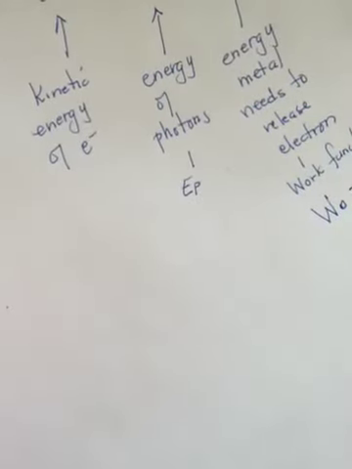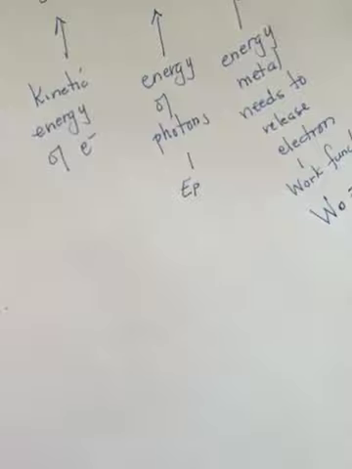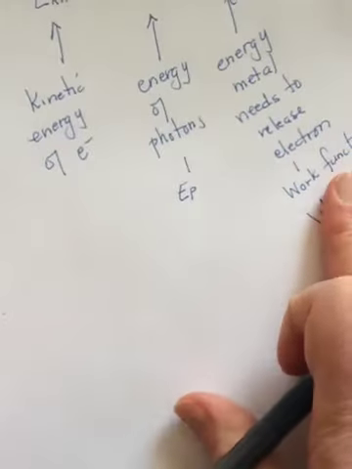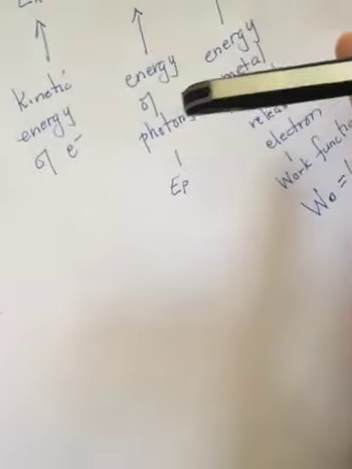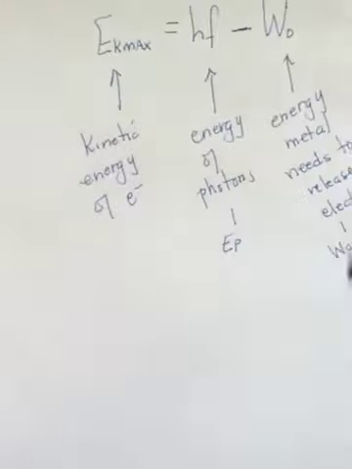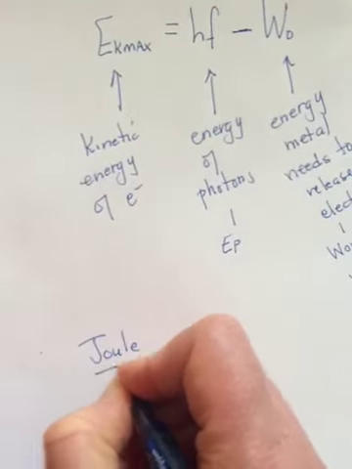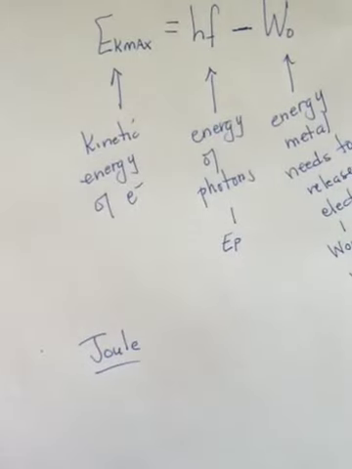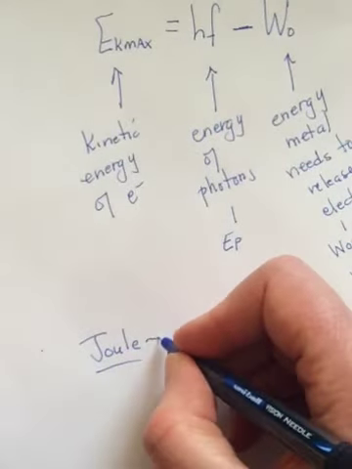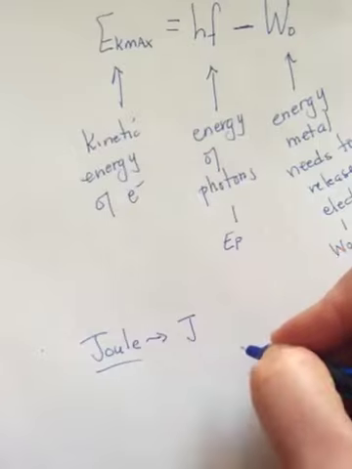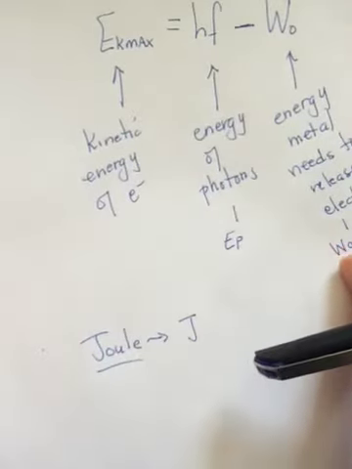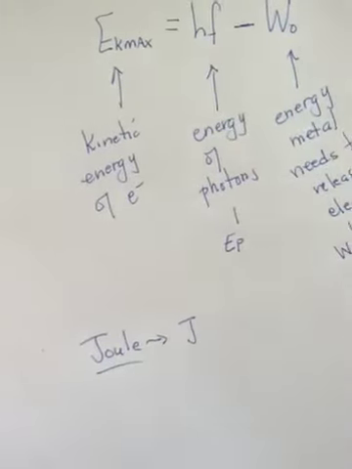All right, maybe one more thing, and that is the measurement of the energy. A joule is what we usually measure energy in. But a joule is a huge amount of energy when we're talking about electrons. It's really, really big.